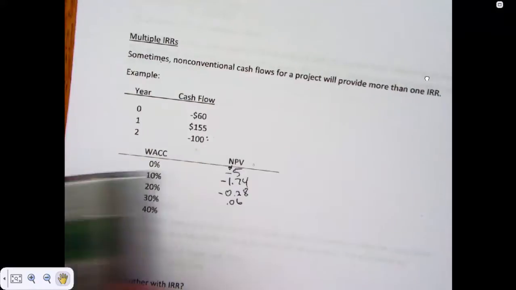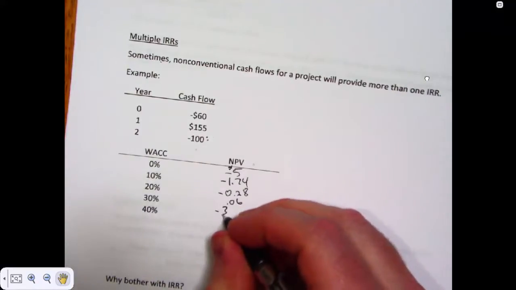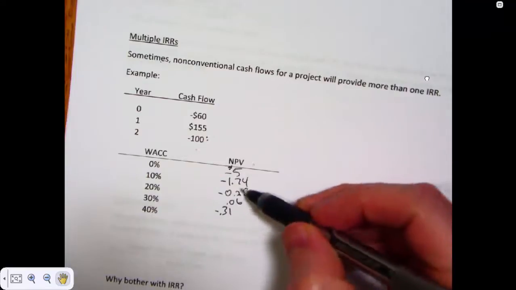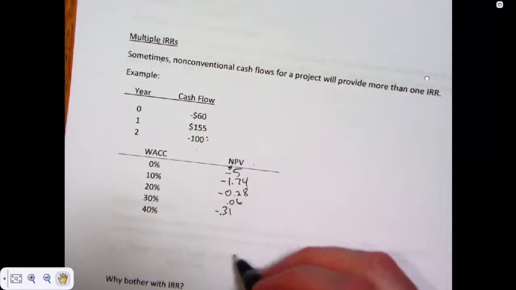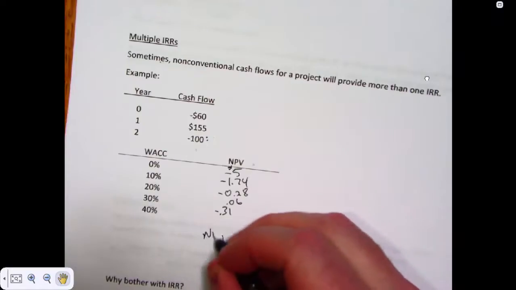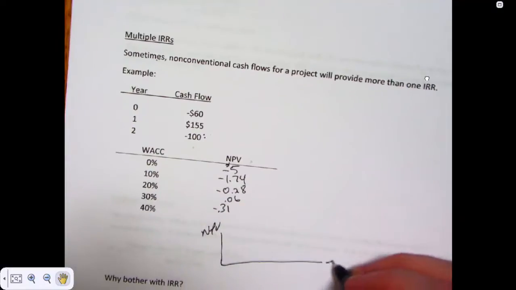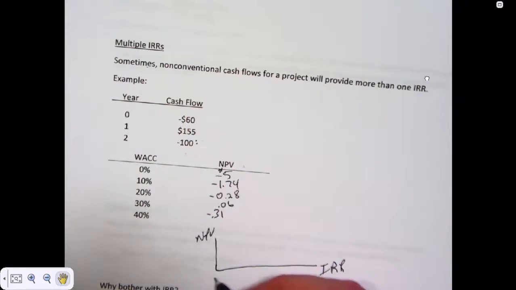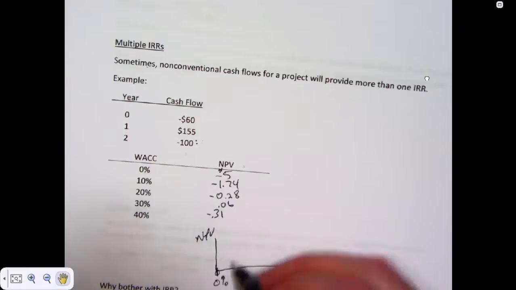So what does that tell us? It tells us that our NPV, I put an NPV here, and then my IRR here. My NPV was negative at 0%. It was negative $5.